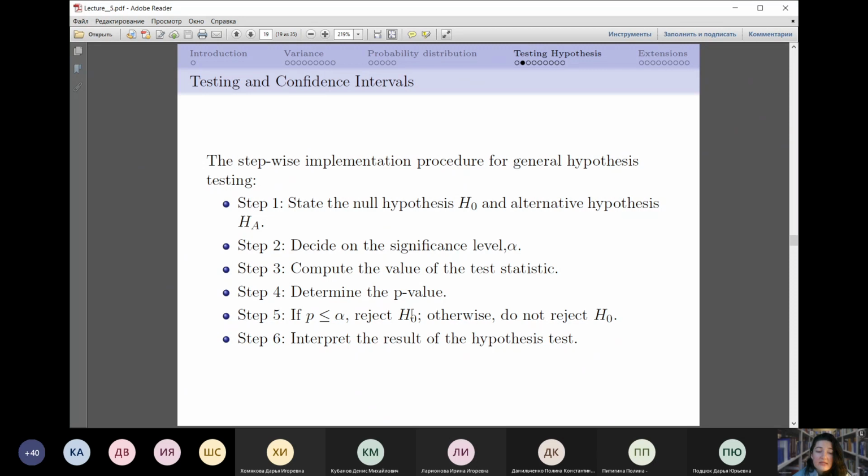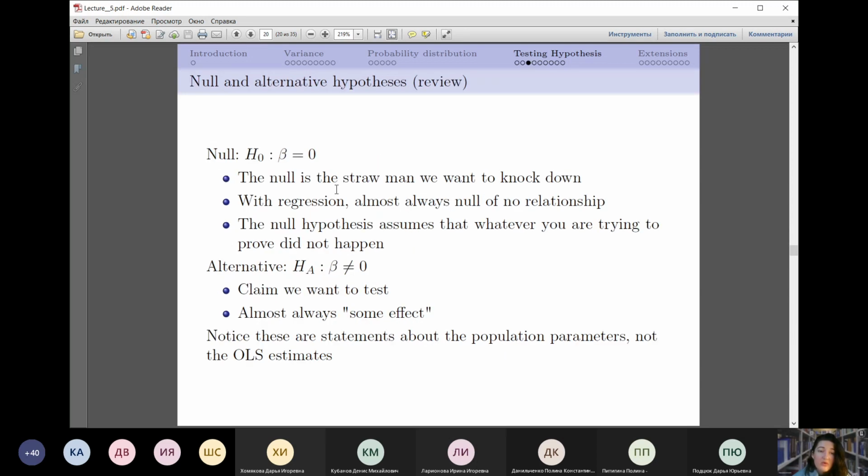And at the last step, we need to interpret our result of the hypothesis test and make our final conclusion about the significance. All the steps look pretty similar to what you did when you compared your sample mean with your population mean. But now we talk about our beta parameters.